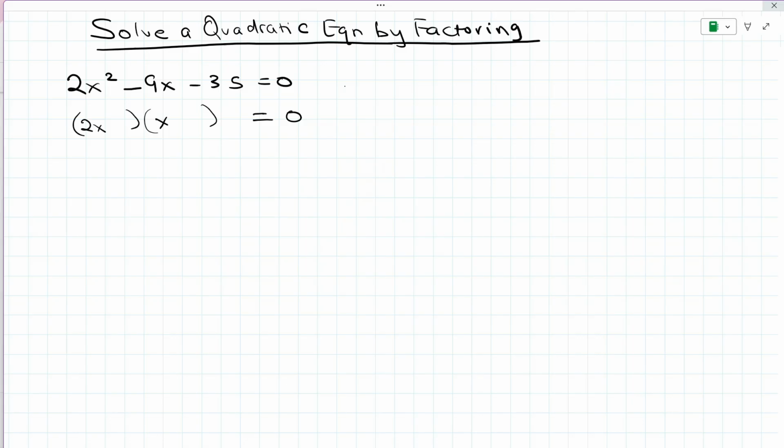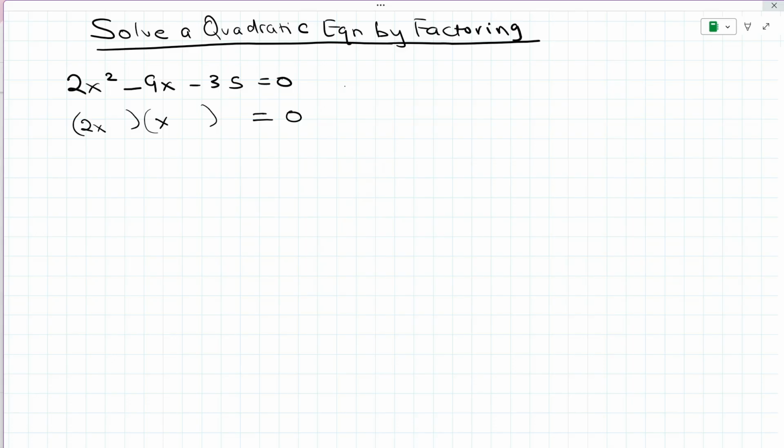Now next, we have to look for two numbers which when multiplied together will give us minus 35, and then somehow when everything is multiplied through we'll get minus 9x.